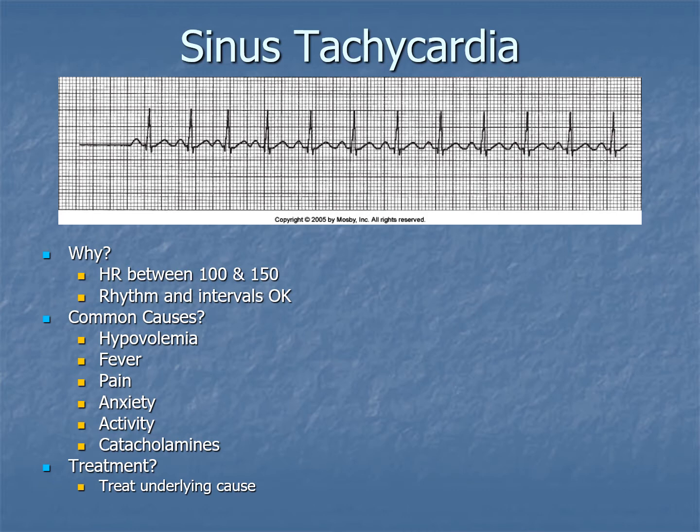Common causes are hypovolemia, fever, pain, anxiety, activity, including aerobic activity, and catecholamines, such as medications like albuterol and analogs of albuterol. The treatment would be to treat the underlying cause. If it's because of activity, it's just part of the normal training effort, and there is no treatment.